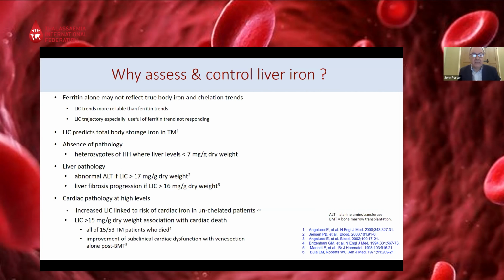So that if we keep the liver iron less than 7, for example, all the time, the risk of fibrosis in the liver is very low in hemochromatosis, for example. And we know that in thalassemia, if the liver iron is above about 15, then the risk of heart disease goes up, as does the risk of fibrosis progression. So we know how liver iron relates to pathology in the broadest sense.